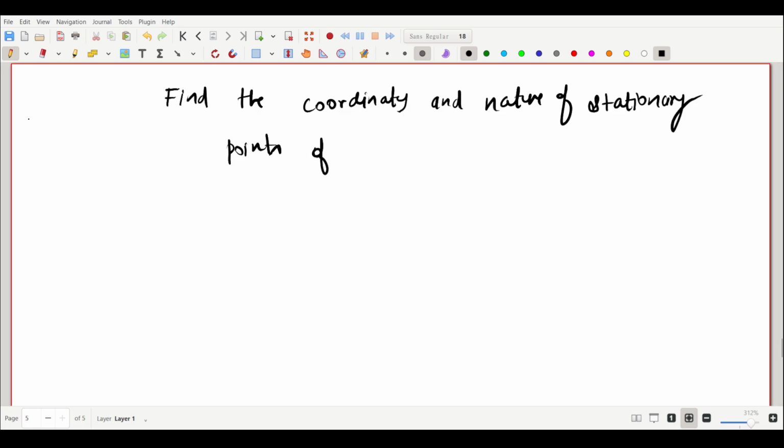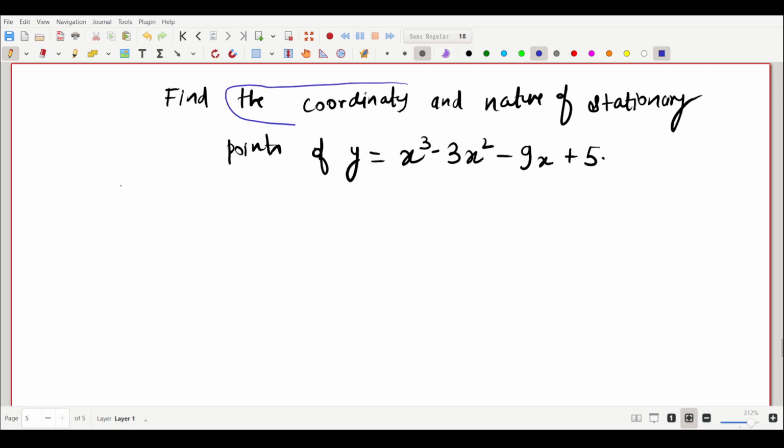Of the curve. The curve is given: y equals x cube minus 3x square minus 9x plus 5. The question is asking us to find the coordinates, something in the form x comma y, and the nature.